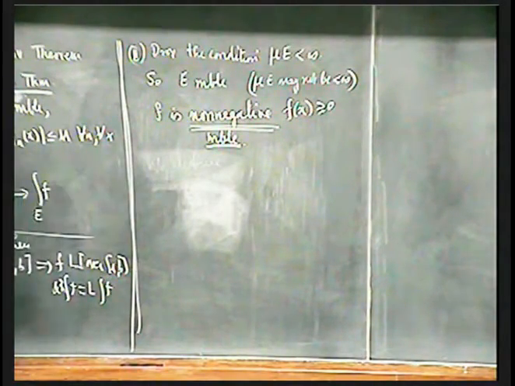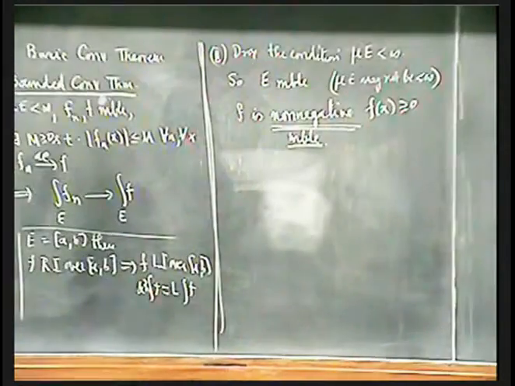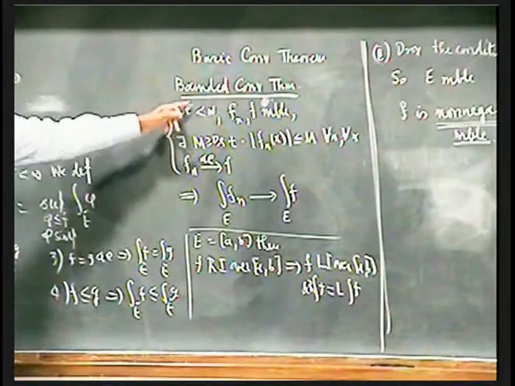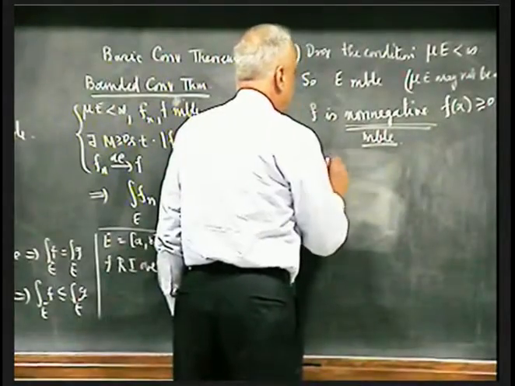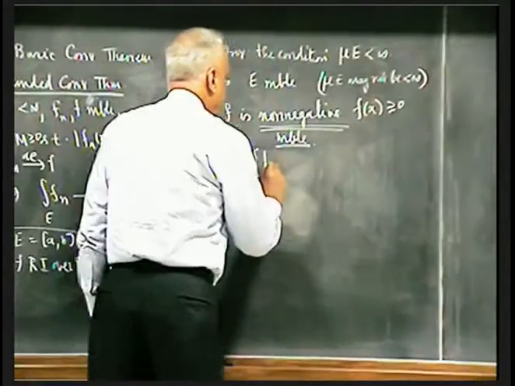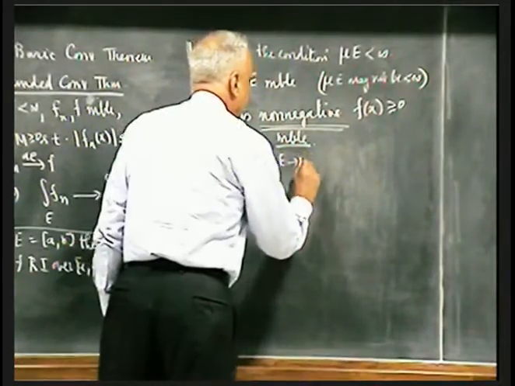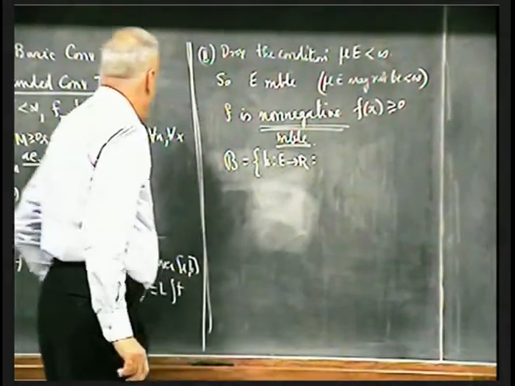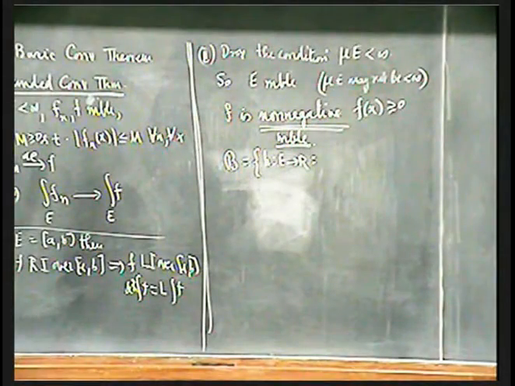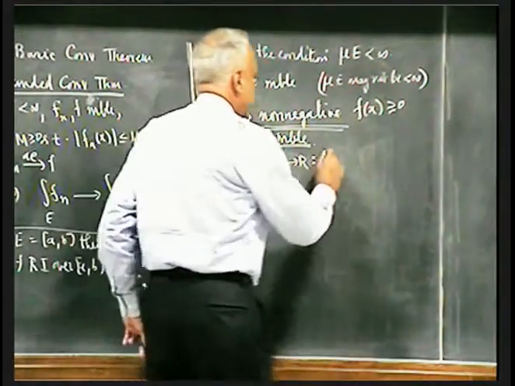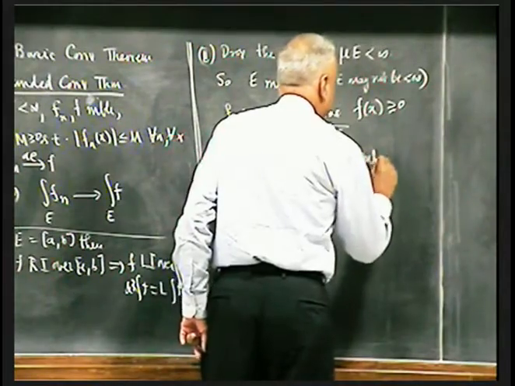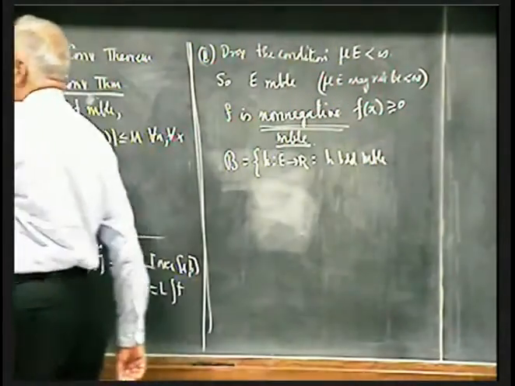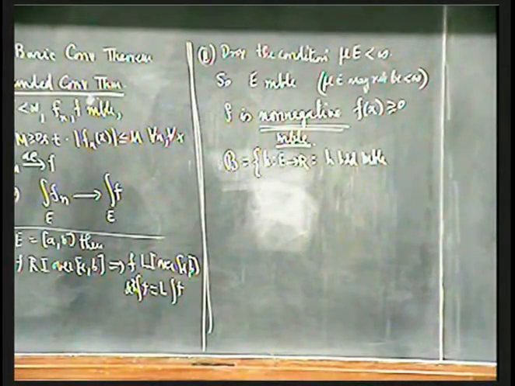To bring this to this level, in place of phi we must look at functions of this type. So we define B to be the set of all functions h from E to R such that h is bounded and measurable, and also I want to deal only with finite measure.